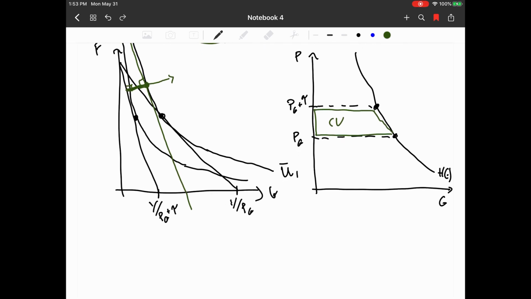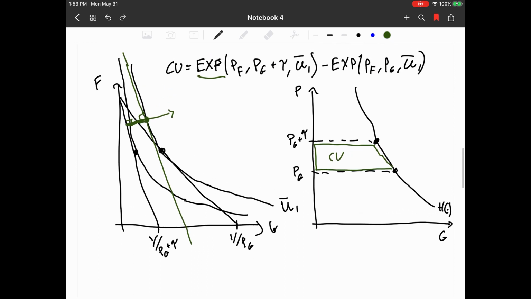And if your notion of consumer surplus is playing prominently in your head at this moment, that's great. We're going there next.